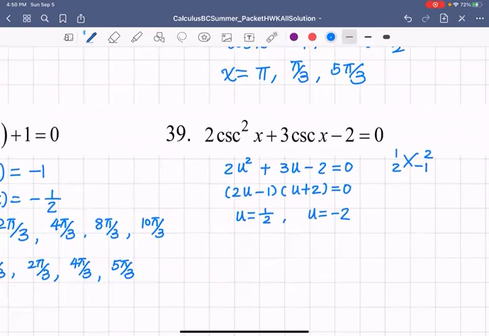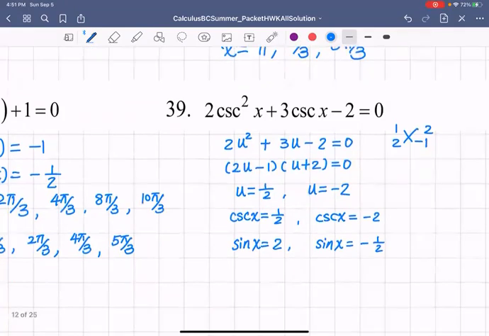And then substitute cosecant back in for u. Since cosecant equals 1/2, this one over will be sine 2, and this guy will be sine -1/2, correct?